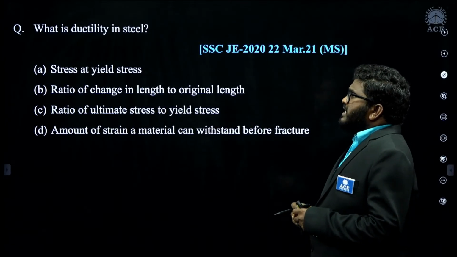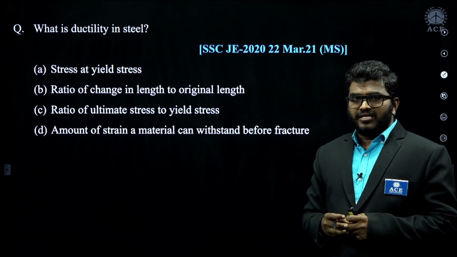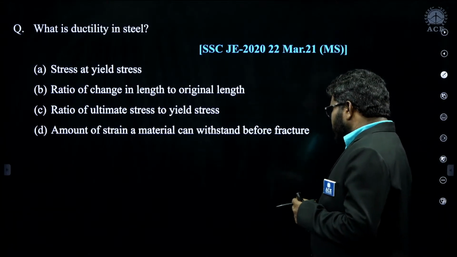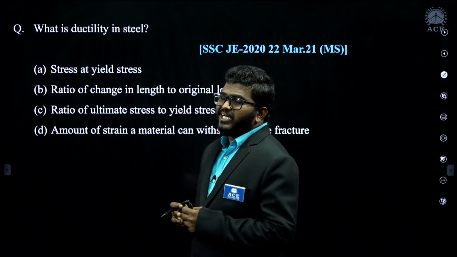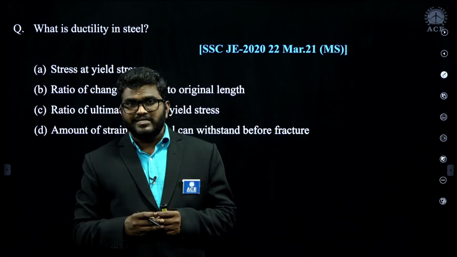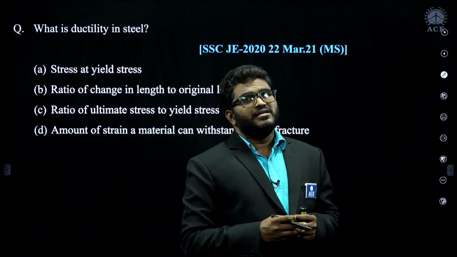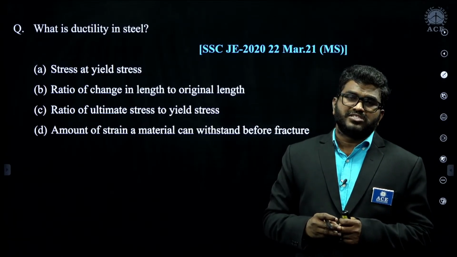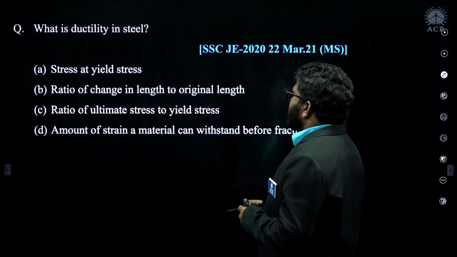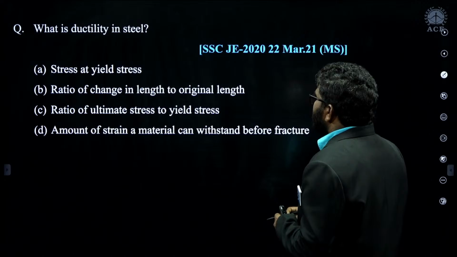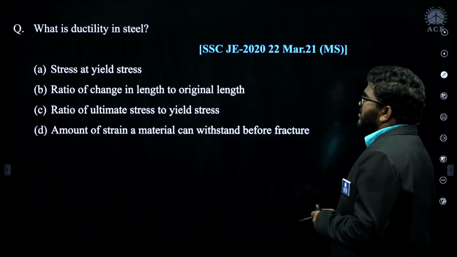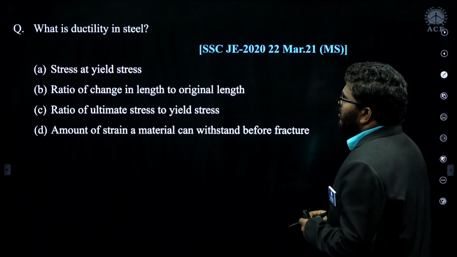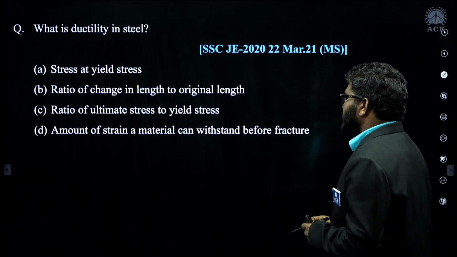Now, what is ductility in steel? Remember, the ductility of a material is measured in two ways: percentage increase in length and percentage decrease in cross-sectional area. So, ratio of change in length to the original length, that is correct.